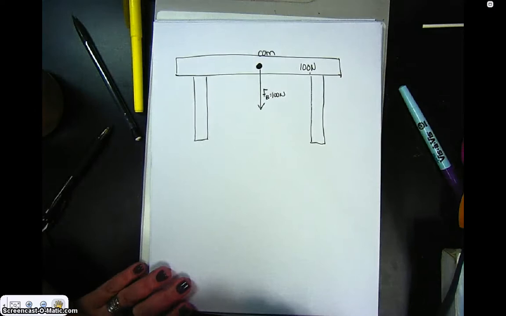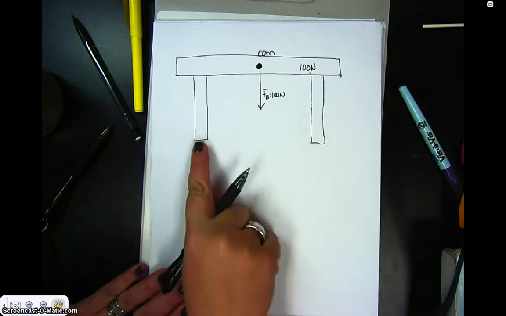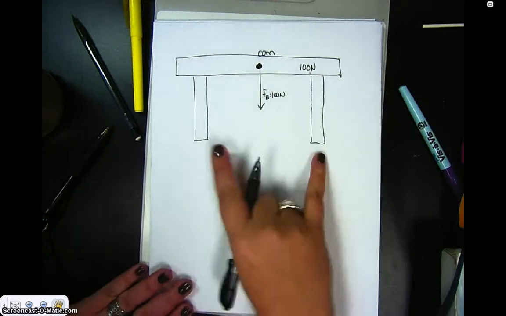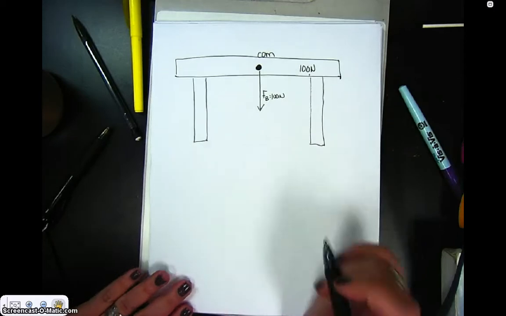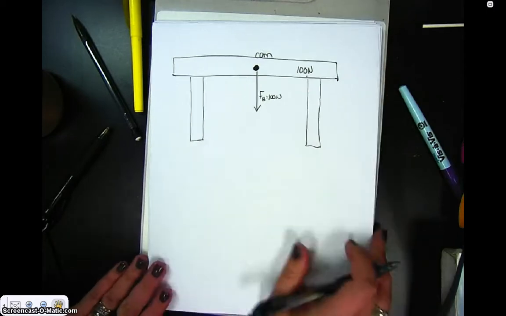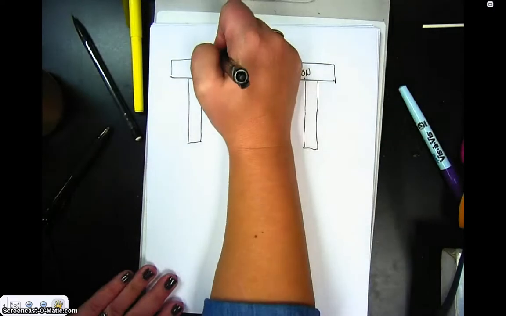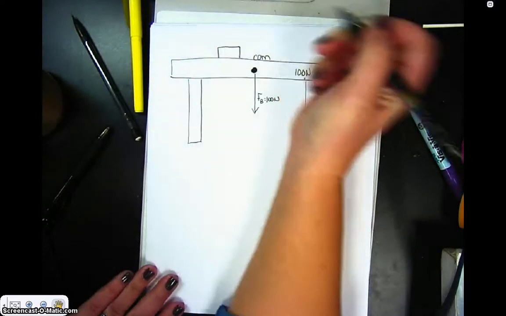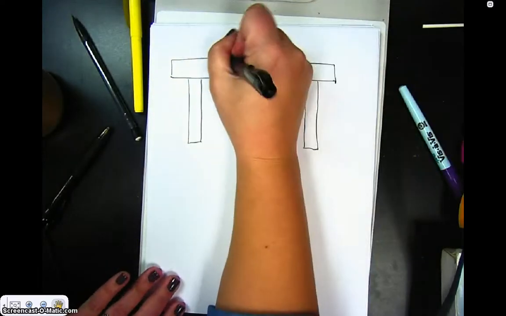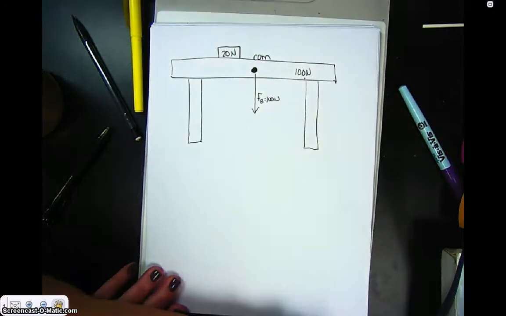So the types of questions we might be asked are, what is the force that this leg is exerting and that this leg is exerting? But I'm going to make it just a little bit more complicated, and we're going to actually set something on the table. Let's say we set a box on the table, and the box weighs 20 newtons.